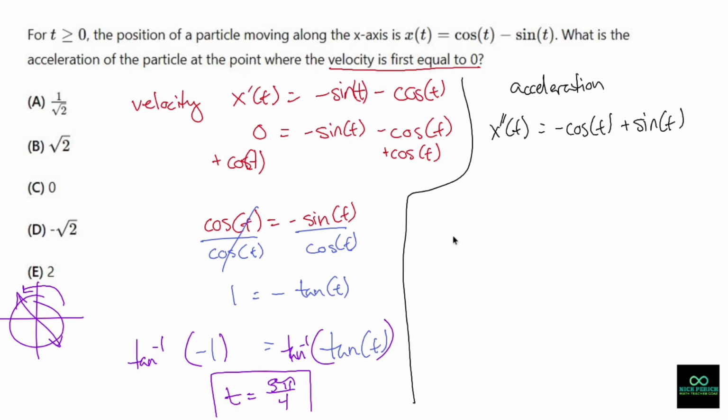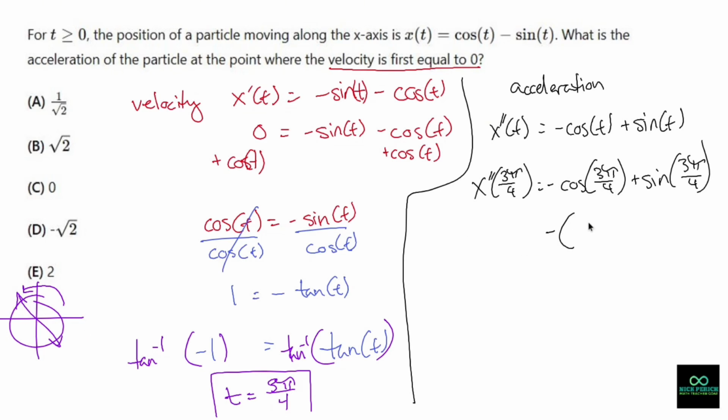So what I want to do is plug in 3 pi over 4. So x double prime of 3 pi over 4 equals negative cosine of 3 pi over 4, unit circle thoughts, plus sine of 3 pi over 4. So we're looking at lots of root 2's. So negative, cosine's the x value, negative root 2 over 2, plus sine is the y value, so that's regular root 2 over 2.